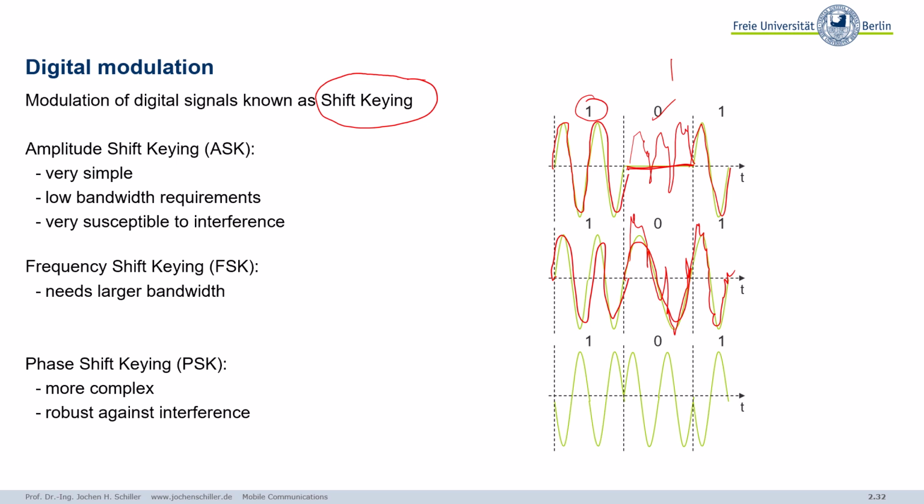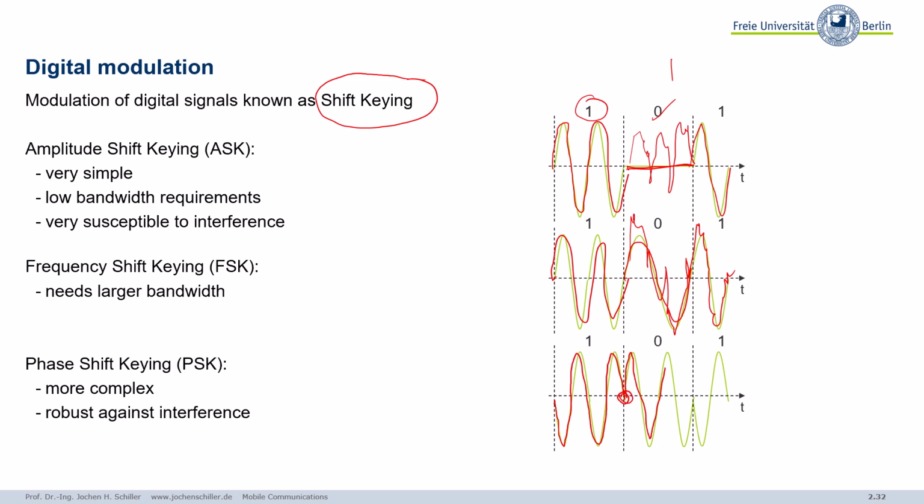And then we can do something that's called phase shift keying. It's a bit more complex, but it's quite robust against interference. Phase shift keying implies a phase shift. That means you have your nice sine wave, and then suddenly you do a phase shift, or in this case a rotation by 180 degrees or pi. So you shift your sine wave suddenly.